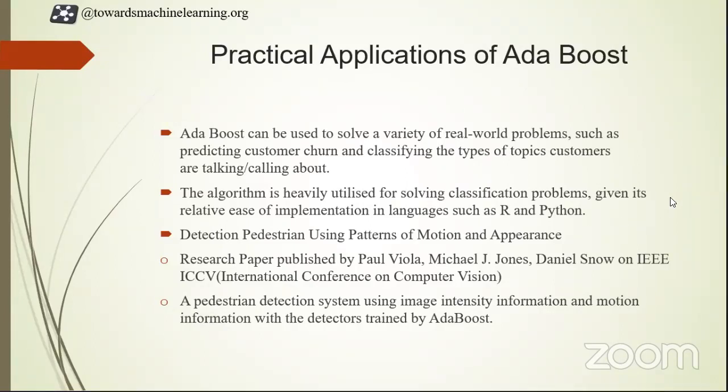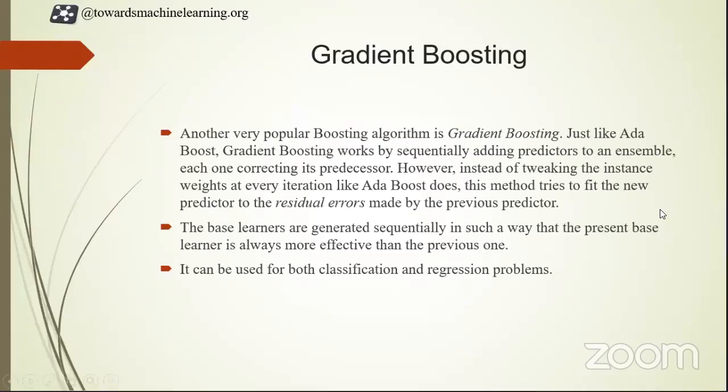So let's move towards the next boosting algorithm, that is the gradient boosting algorithm. AdaBoost and related algorithms were recast in a statistical framework first by Breiman, calling them ARCing algorithms.